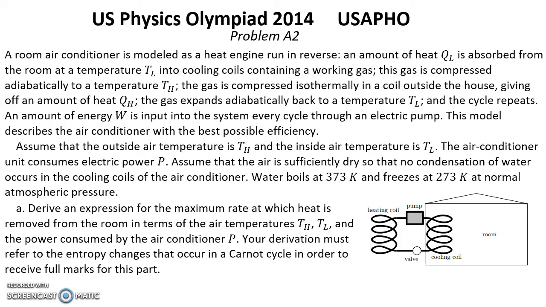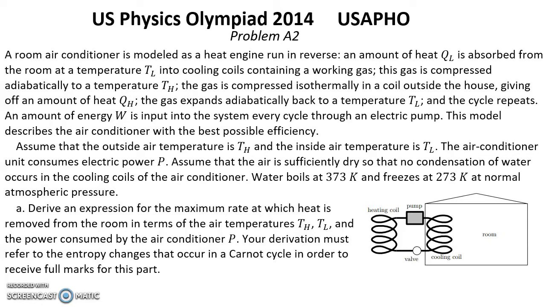This gas is compressed adiabatically to a temperature TH. The gas is compressed isothermally in a coil outside the house, giving off an amount of heat QH. The gas expands adiabatically back to a temperature TL, and the cycle repeats. An amount of energy W is input into the system every cycle through an electric pump.